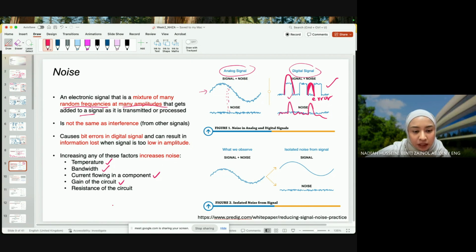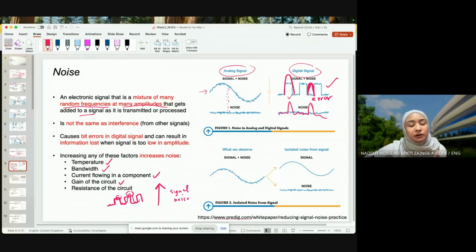For example, you have this, and this is combined with noise, right? And your gain is super high, which means that whatever that is here is going to be amplified as well. So you're not only amplifying the signal, you are also amplifying the noise. So the higher the gain you provide to the system, the higher amplification of the noise, because it comes in a package.